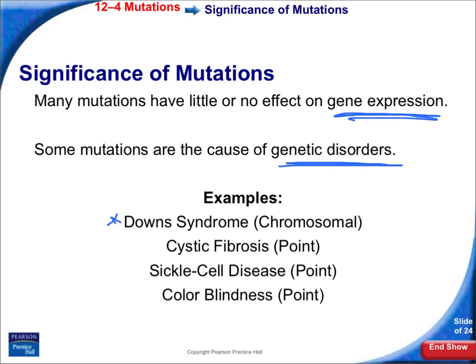Babies born with Down syndrome have an extra chromosome. Cystic fibrosis is a gene mutation. It's actually a point mutation, so one letter has been changed. The same thing with sickle cell anemia, sickle cell disease. It's a point mutation, a gene mutation, and again, one letter in the genetic code was changed. And color blindness, we talked about color blindness before. Well, that is also a gene mutation.